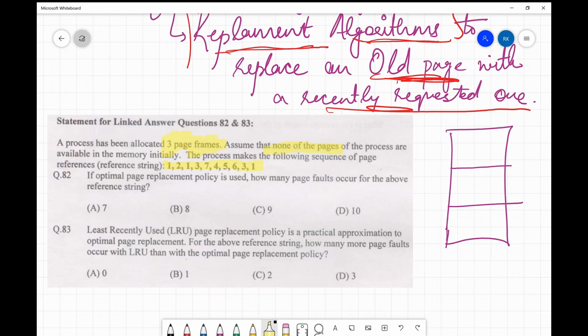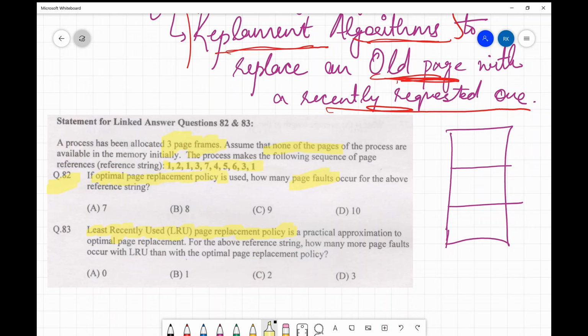Now this is from the linked kind of questions. The first question is, if the optimal page replacement policy is used, how many page faults occur for the above reference string? Next, least recently used page replacement policy is a practical approximation of optimal page replacement.